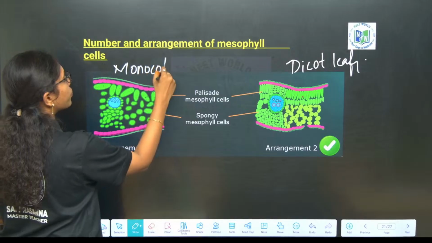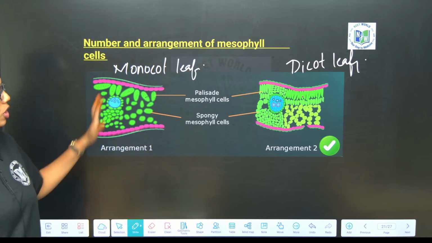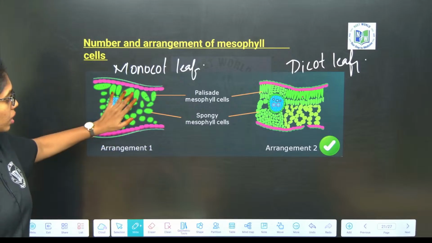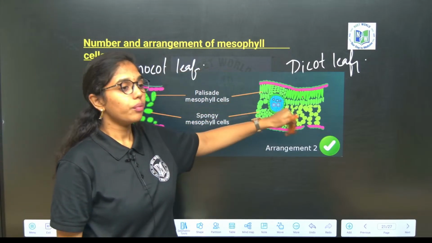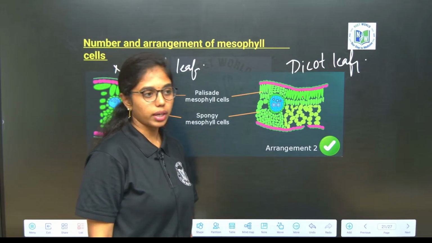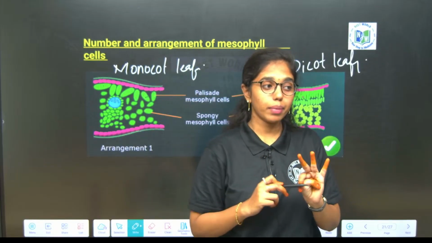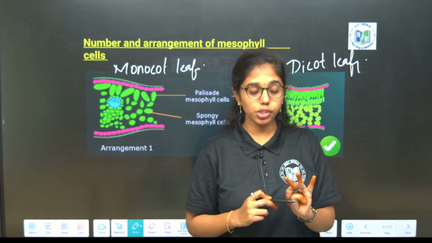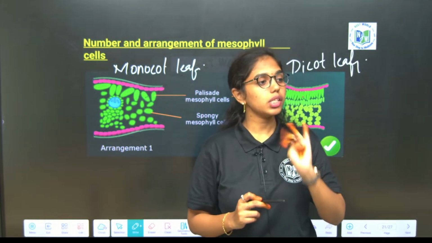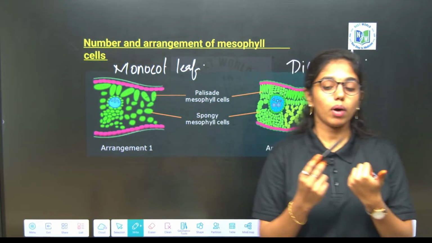The monocot leaf, or isobilateral leaf. Only spongy parenchyma is observed. So amongst these two leaves, where is more carbon dioxide assimilation seen? Dicot leaf. Remember this: carbon dioxide fixation, carbon dioxide assimilation and carbon reduction are one and the same. All three terms are one and the same. What are they?